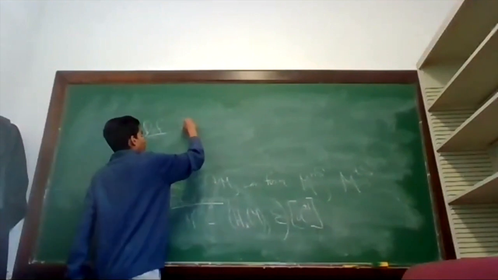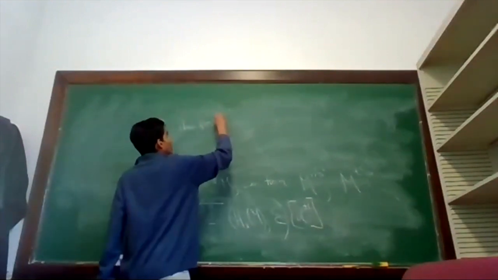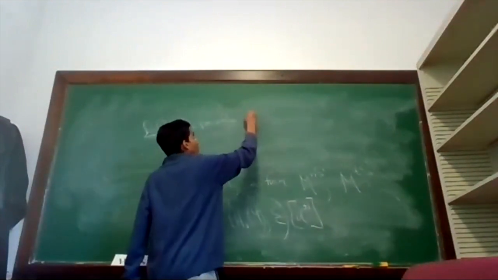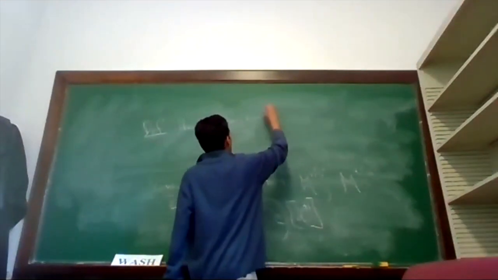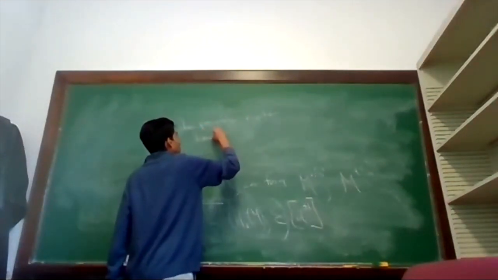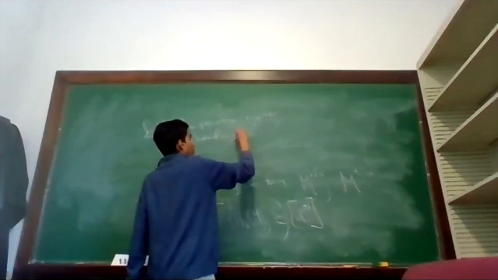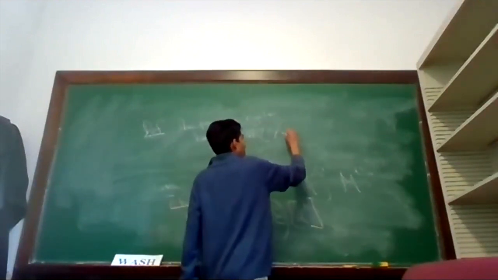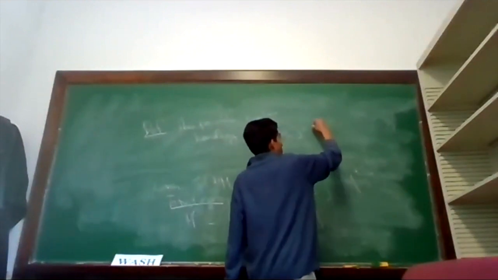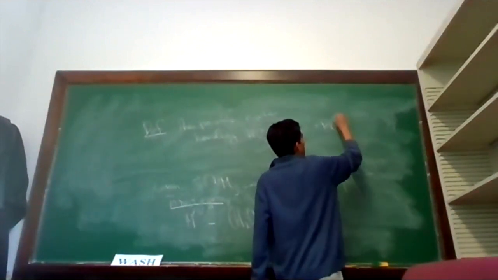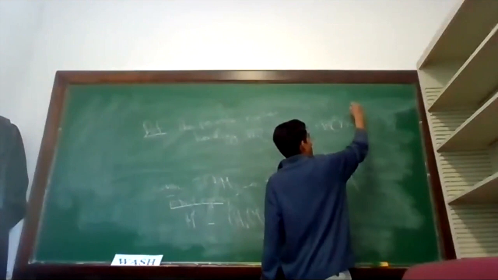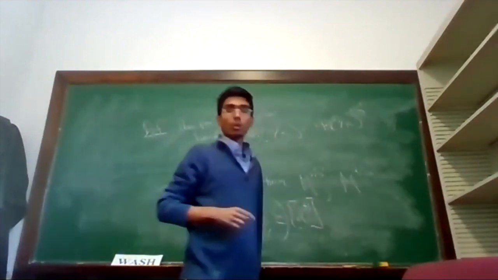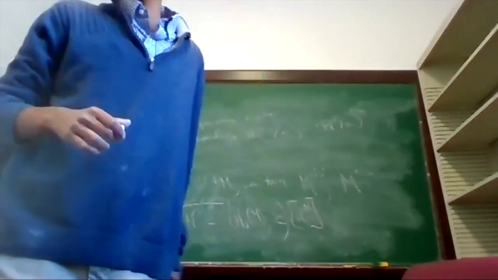The periodic cyclic homology of R over K is defined as follows: you take the Hochschild complex of R over K with its S1 action and take the S1 Tate construction.